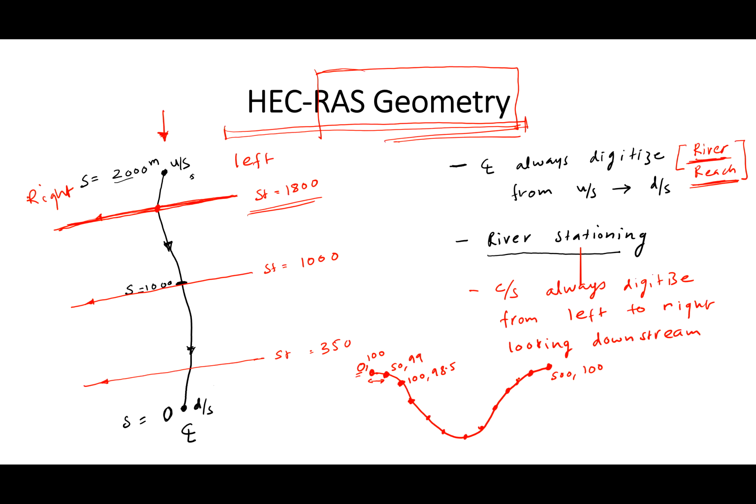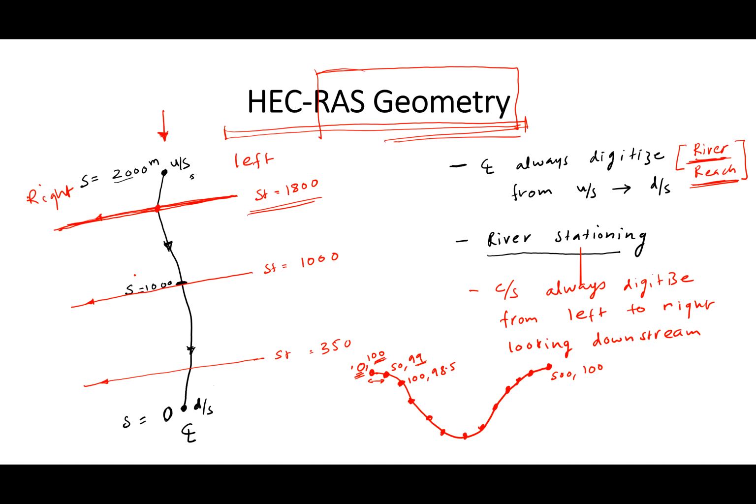So this is how each cross section is stored in HEC-RAS, with these station and elevation values. Again, I will explain this when we do our first HEC-RAS lab. That's the second piece of information that HEC-RAS needs. The first one is the center line, the next one is the cross section, and the third is bank location.